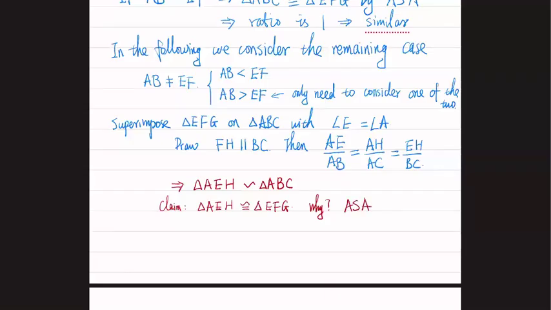ASA. Combine these two steps, we have that the two triangles are similar.